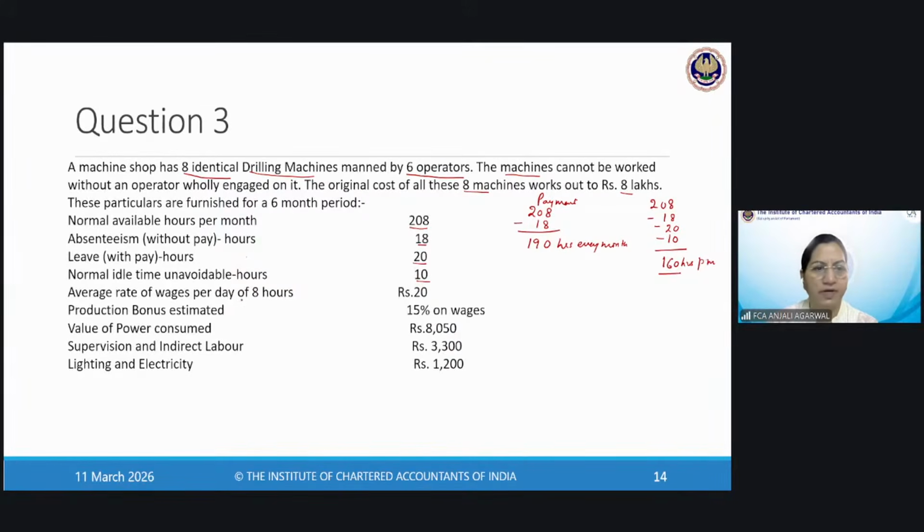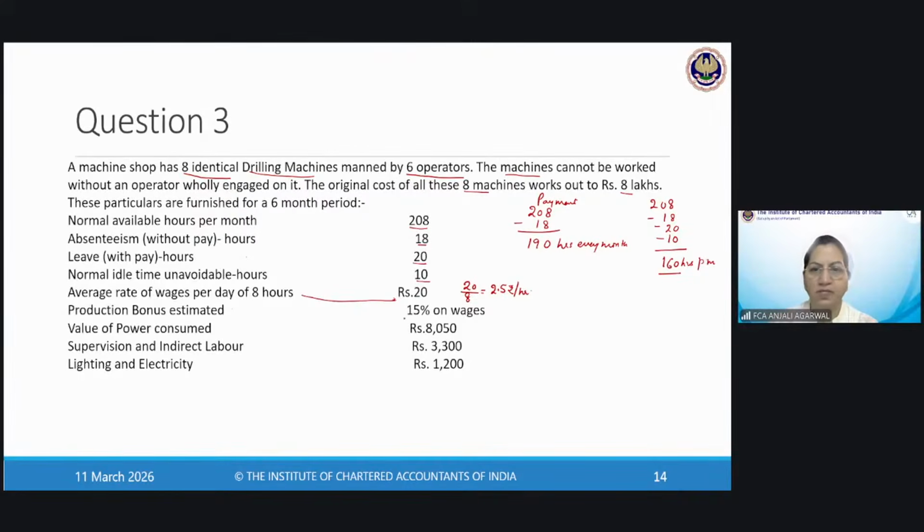What is the average rate of wages per day for 8 hours? 20 rupees for 8 hours. So calculate the hourly rate: 20 divided by 8, it is 2.5 rupees per hour. So you will be making a payment of 190 into 2.5, but the work would be done only for 160 hours.